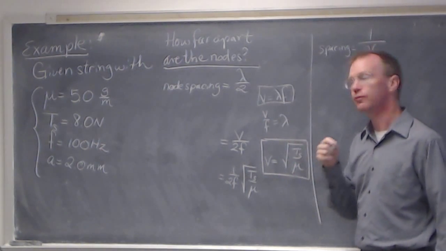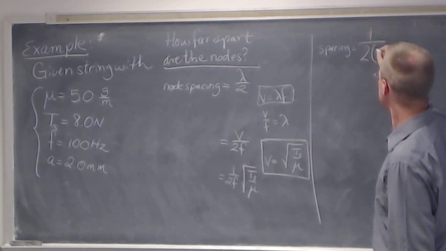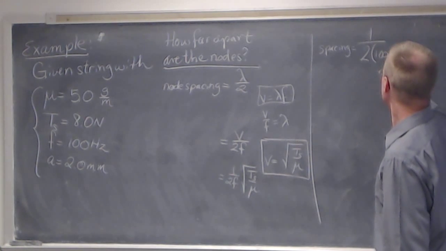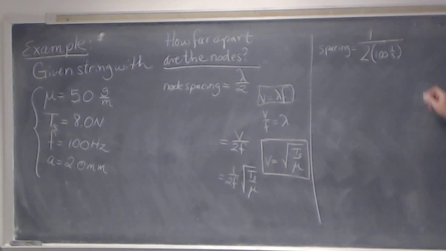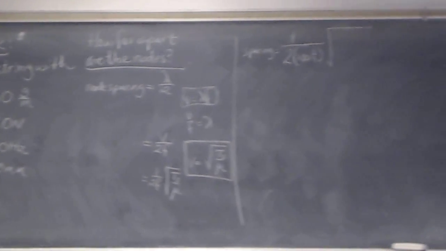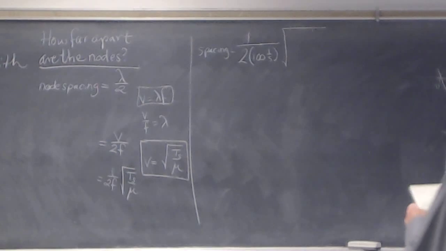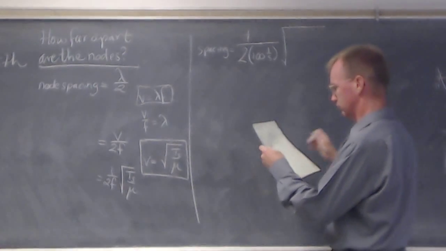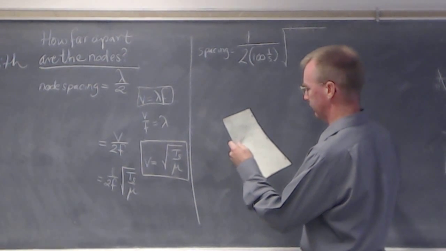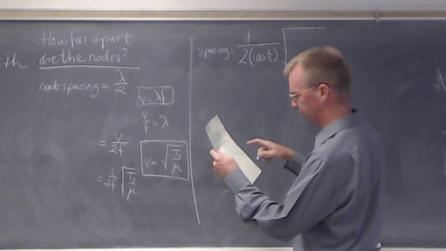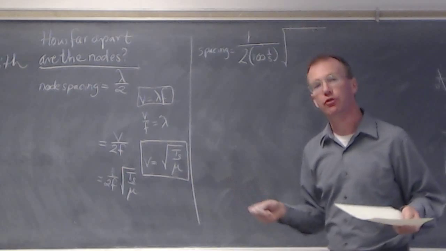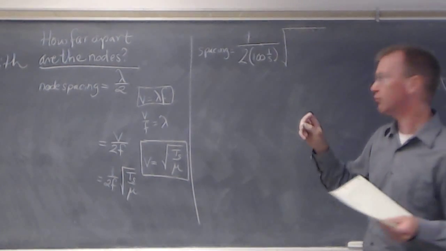A hertz is 1 over second. So 1 over 2 times 100, 1 over seconds, times the square root of, turn the camera again, let's see, square root of. Now, the tension, yes. The tension is 8 newtons. What's a newton? It's a kilogram meter per second squared.